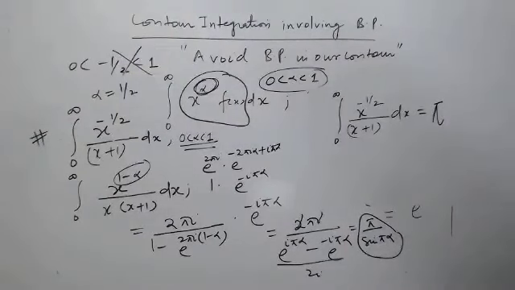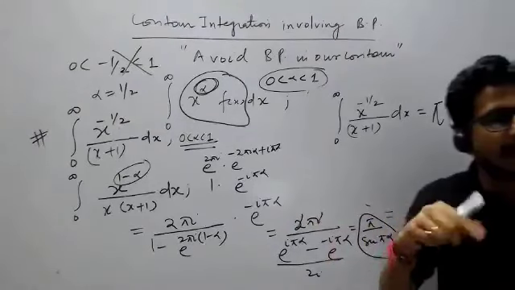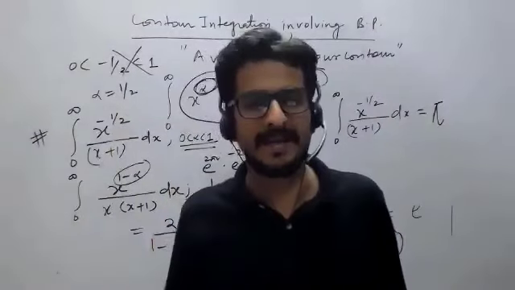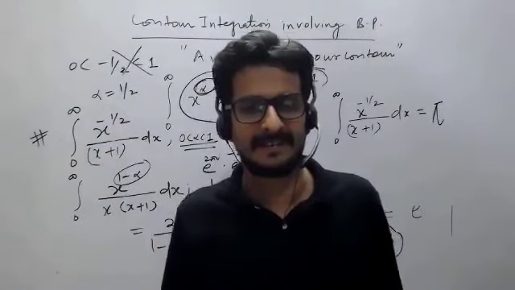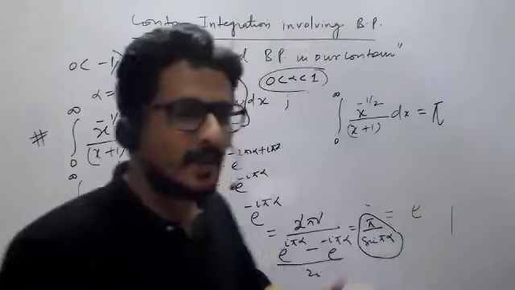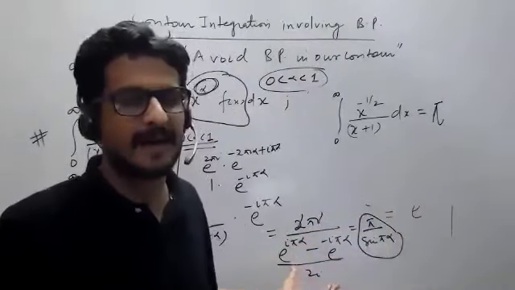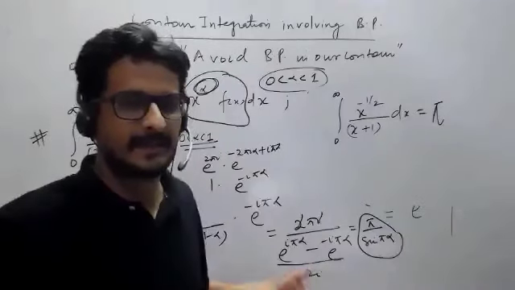Yes, sir. Because sine pi by 2 is 1. You saw how very intelligently I wrote minus 1 as e to the power i pi. Because if you don't write it, it will not come in this compact form.